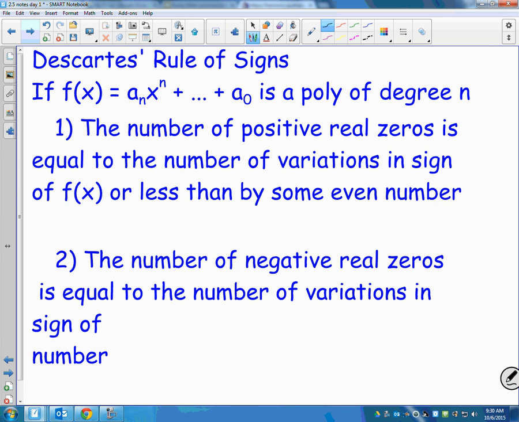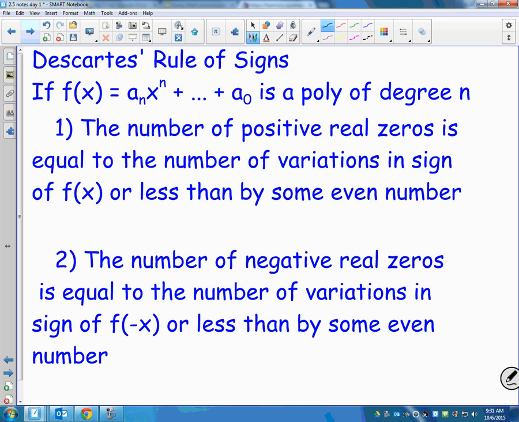At some point you would have stuff like 4 or 2 or 0 positive real zeros, 5 or 3 or 1 negative real zeros. No memories of this? The number of negative real zeros is equal to the number of variations of sign of f of negative x, or less than that by some even number.